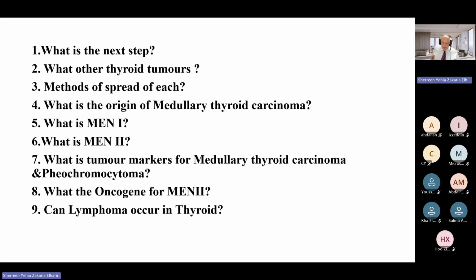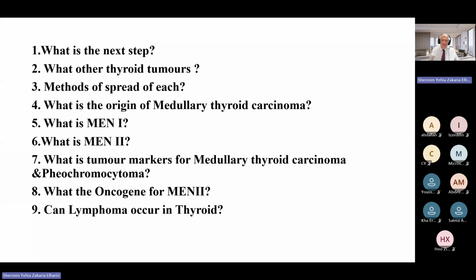For follicular, it spreads mainly by blood. For papillary, it's lymphatic first. For medullary, lymphatic and local. For anaplastic, mainly local, and also lymphatics and blood.